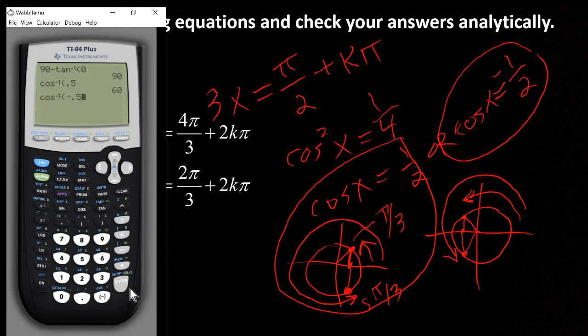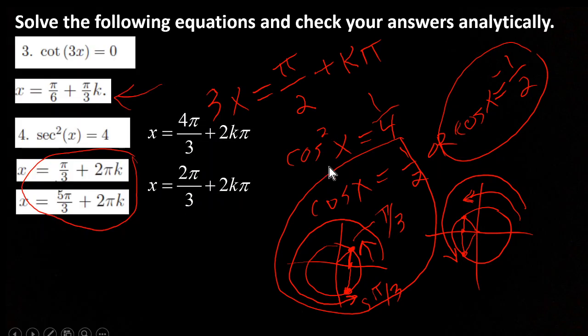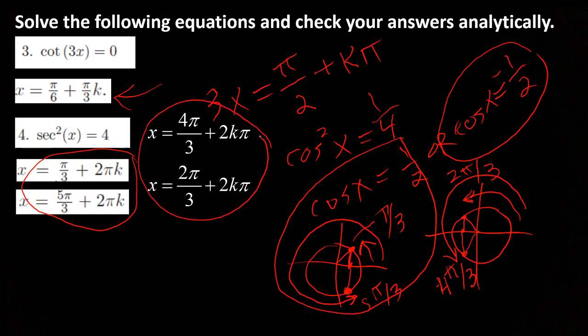Negative 0.5, and that's 120 degrees, 2 pi over 3. So that would be 2 pi over 3, and this one would be 4 pi over 3. So that's how we get these. So there are 4 equations that give us all the answers for this problem.